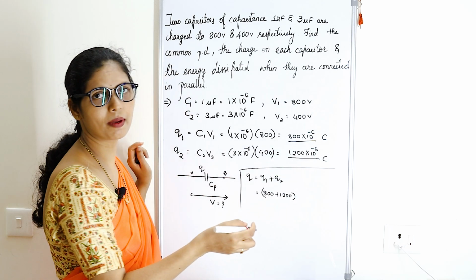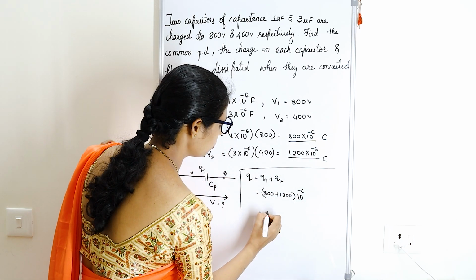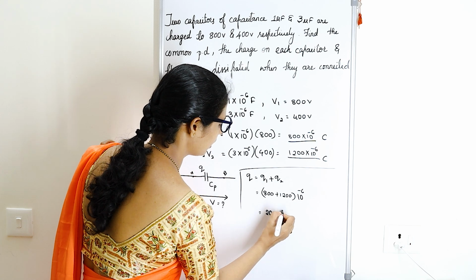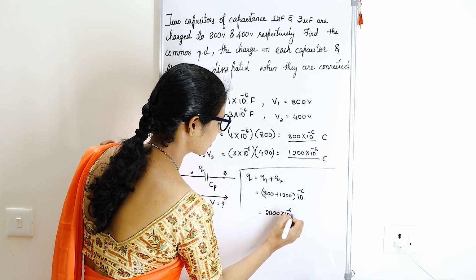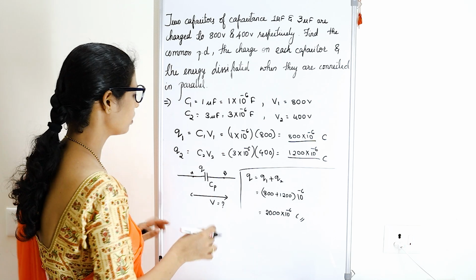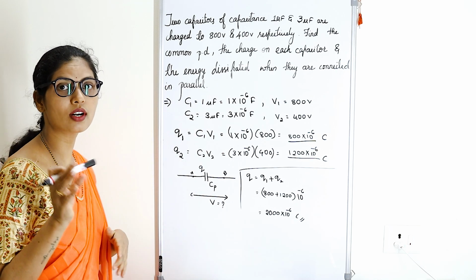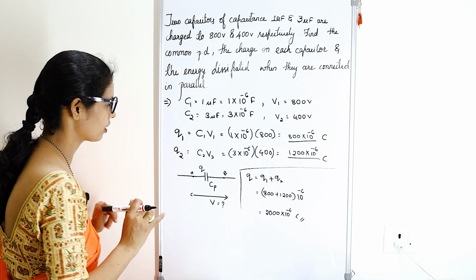Since 10 to the power of minus 6 is common, I'll take it outside, which equals 2000 into 10 to the power of minus 6 coulomb. So this is the total charge. Now you have got the value for total charge. This is before connection, before parallel connection.